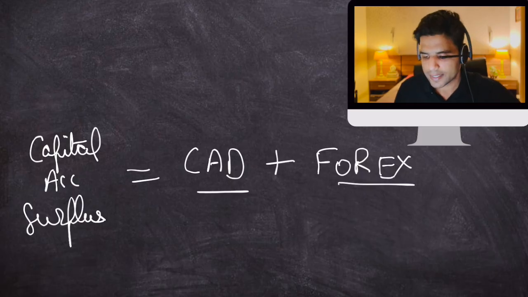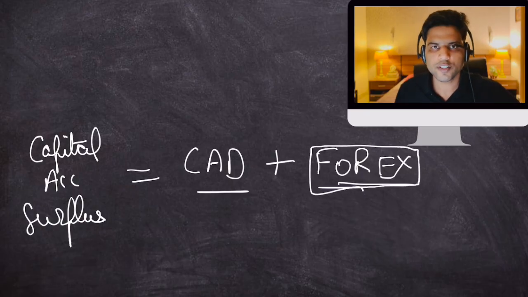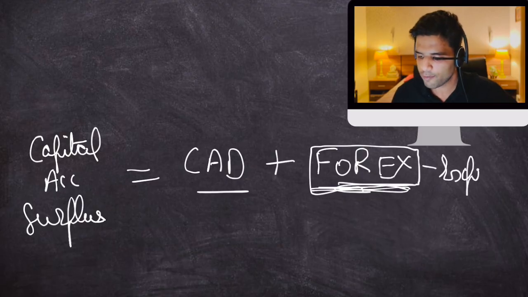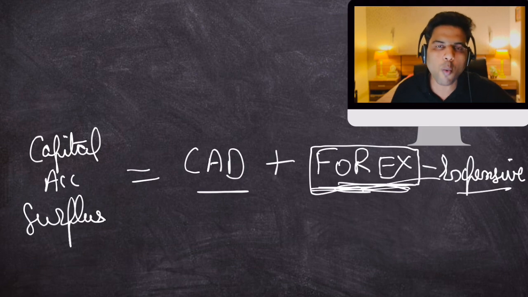Now the thing is, and this is very important, we only need a limited amount of forex reserves. We cannot have too much, because keeping this extra cash, dollars, as forex reserve is expensive for the government. Therefore, government only keeps as much forex reserve as it requires. Not more than enough.